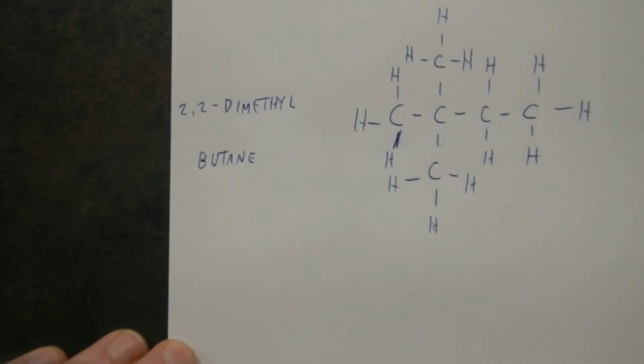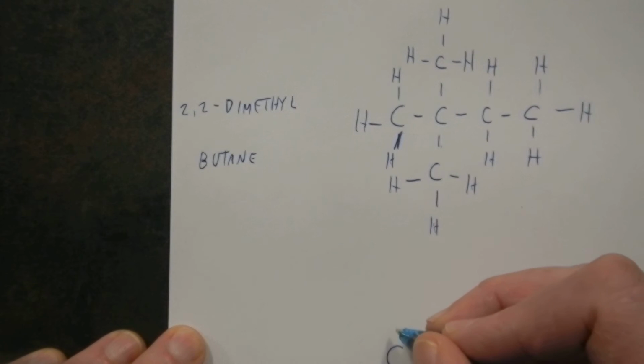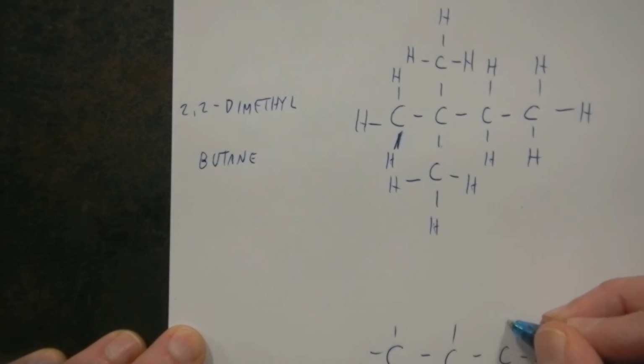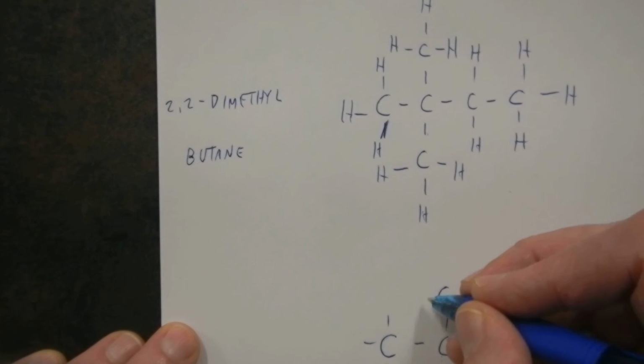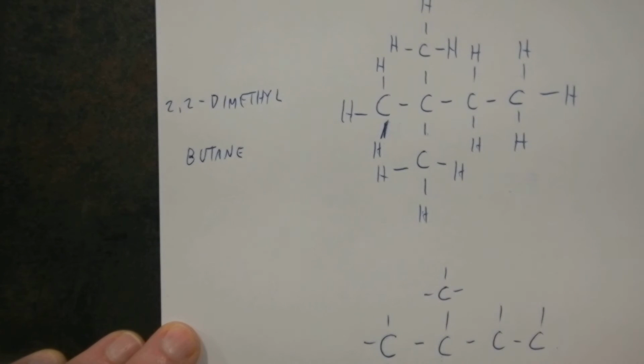Our next isomer can have 4 carbons in a row. So we do that. And this time, we'll have a methyl group off this second carbon, and we'll go 1 carbon over, and we'll stick it down here just because it gives us more room to put in all our hydrogens.